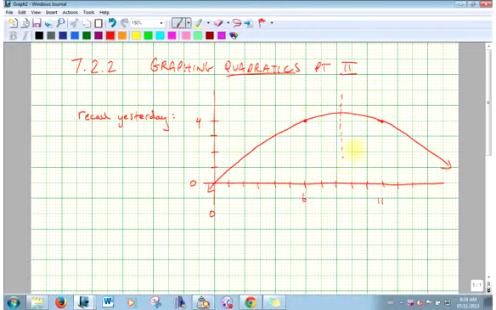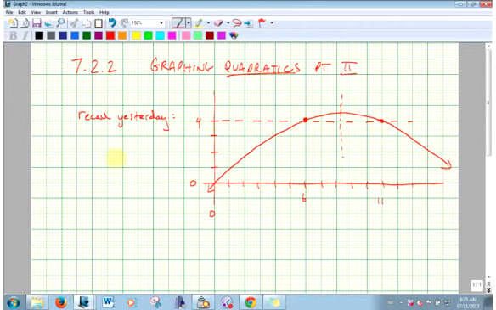If we have 2 points with an equal y coordinate, that's 4 for this point, that's 4 for that point, how can we find out where this axis of symmetry is? Think of that as average.